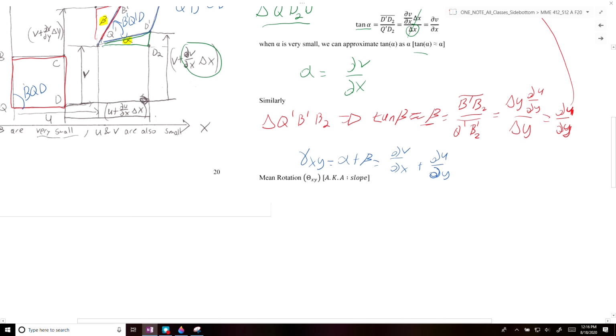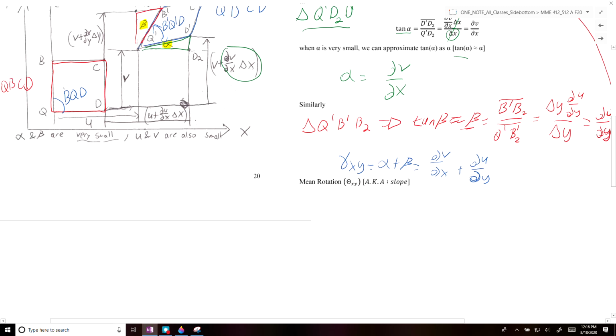And then our last value that we might be asked to calculate is if we want to know the slope of any point within our body. The slope, which is oftentimes referred to as the mean rotation of a part, is known with the capital theta xy, and that's going to be equal to the average of the angles.